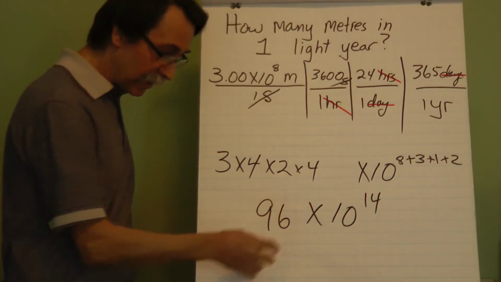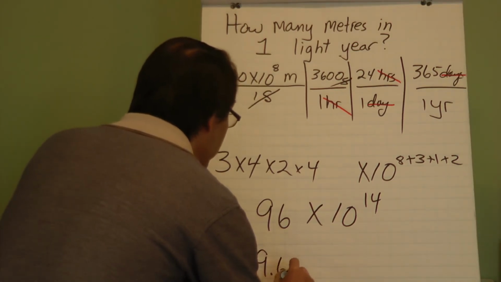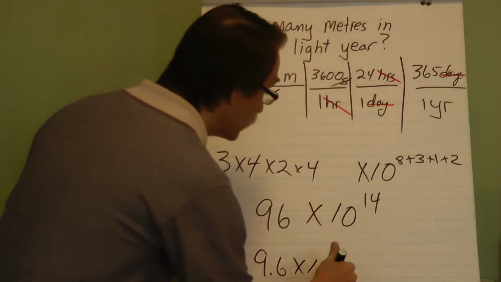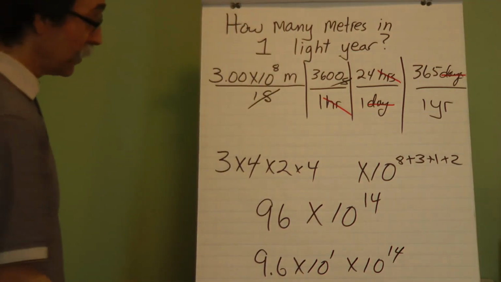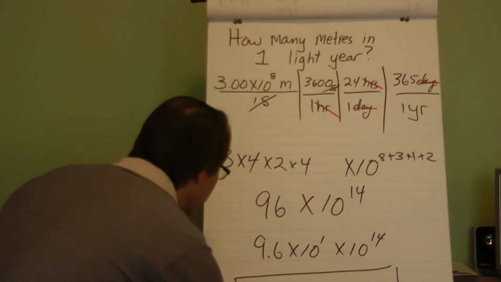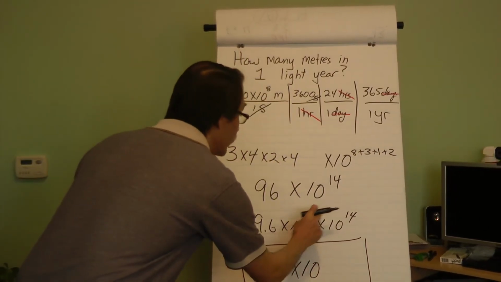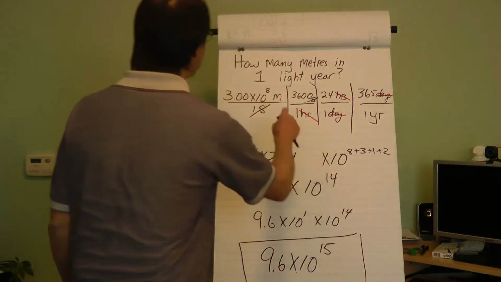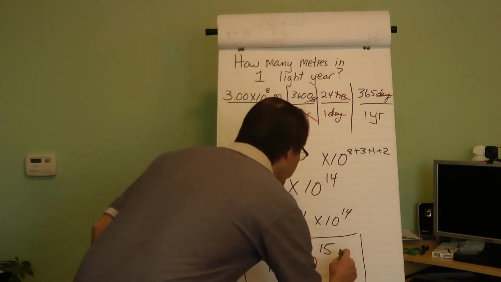So you have to change it to 9.6 times 10 to the 1, and then again times 10 to the 14. And we're finally going to get our answer after all that work. And it's going to be 9.6 times 10 to the 15. And it is meters per year.